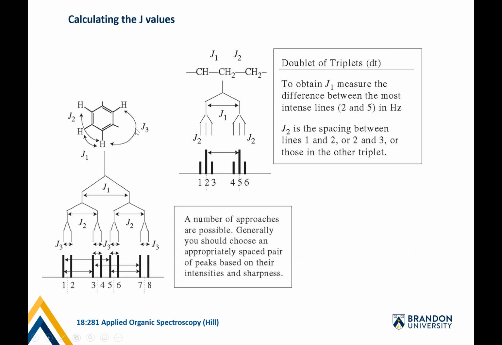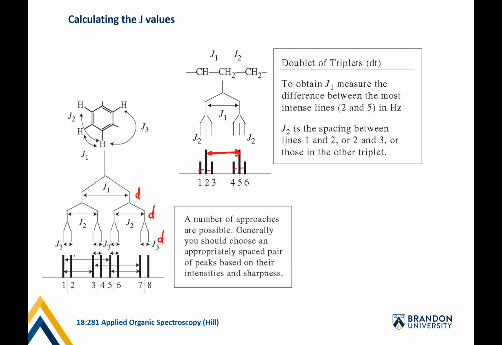And here is another example of just calculating the coupling constant. So the J1 for a doublet of triplets is between the two center peaks, that's the easiest way to do it. And the smaller coupling would be between the center peak and the two side peaks. And here's our doublet of doublets.